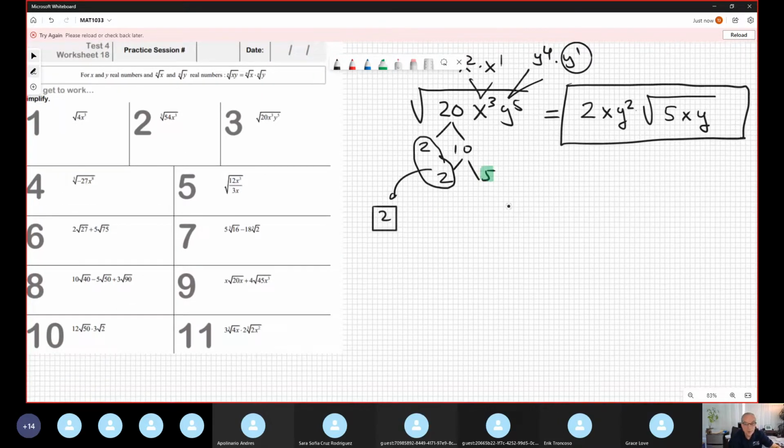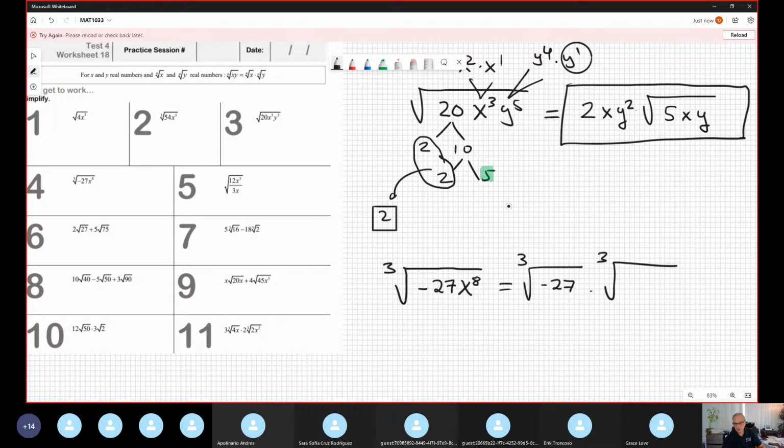Number 4 is the cubic root again of negative 27 x to the 8th power. Let's do it step by step. You can separate the cubic root of negative 27 and the cubic root of x to the 8. Mentally, not necessarily on the piece of paper.